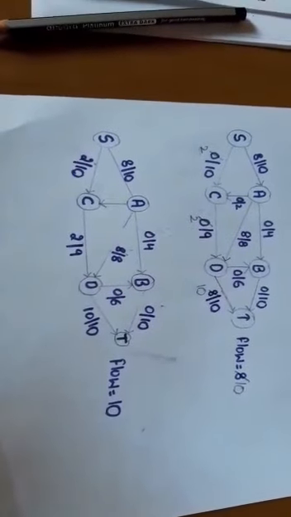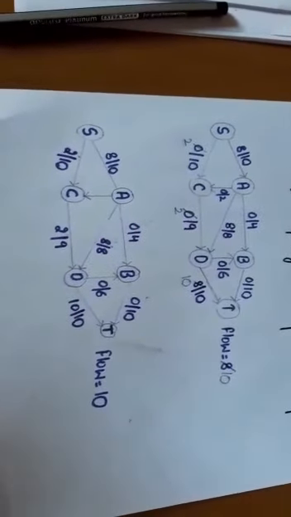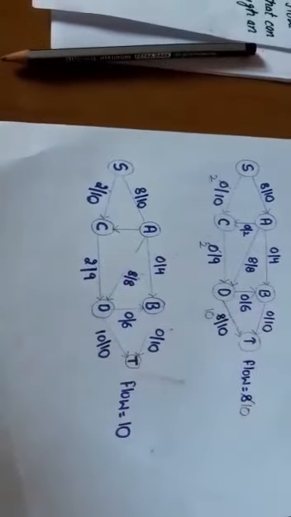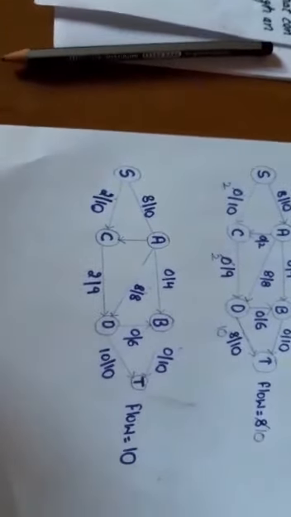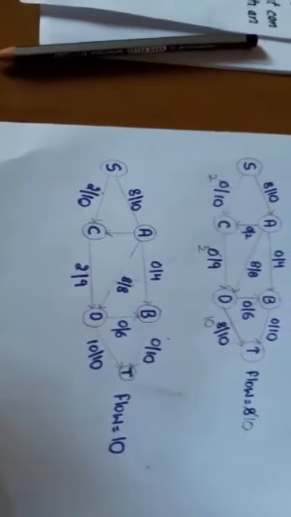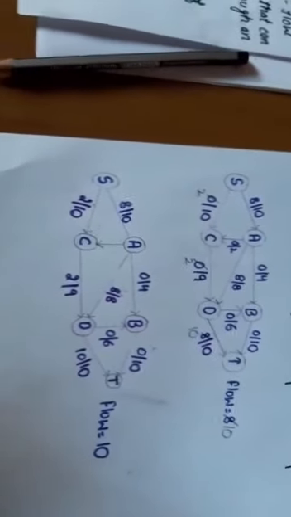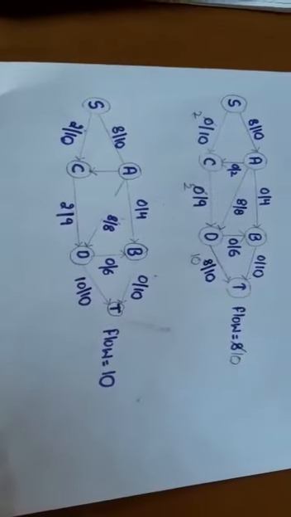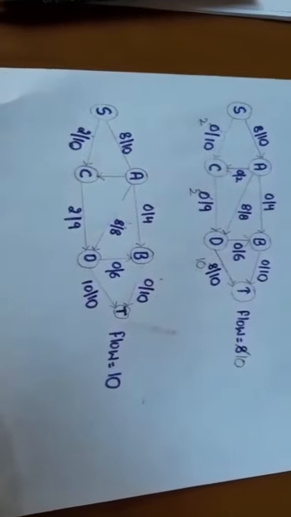Since AD is full, it is 8 by 8, so I can use it in the backward direction. And one thing to note here: if the forward direction flow was full, then if we are taking the backward direction, that flow will be 0, because the flow which was full was in the forward direction and the backward direction is opposite to that.